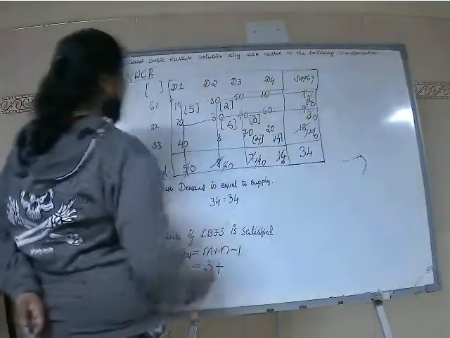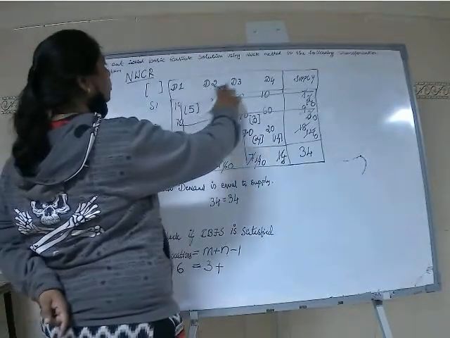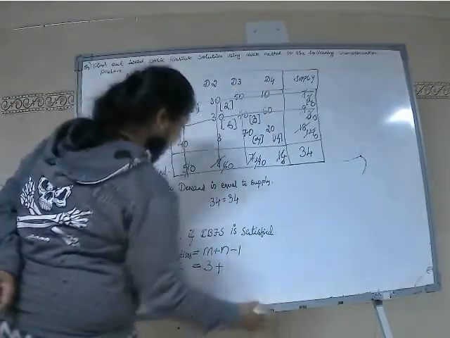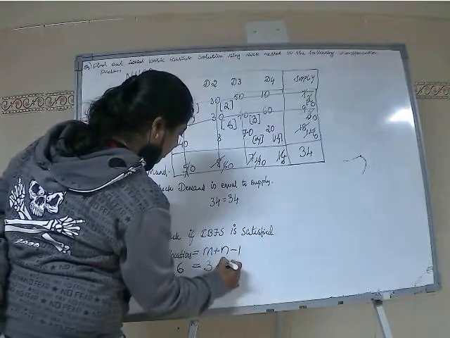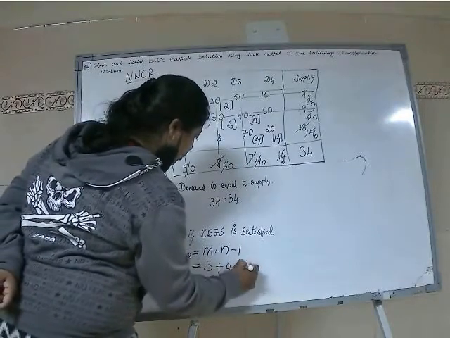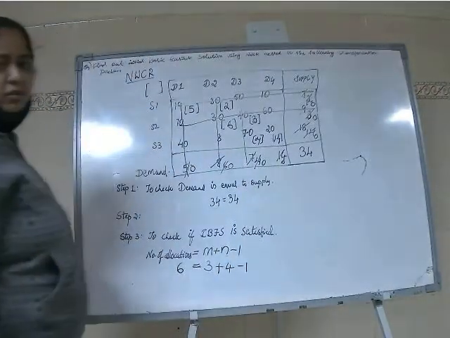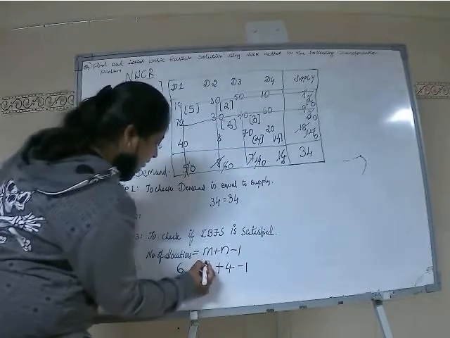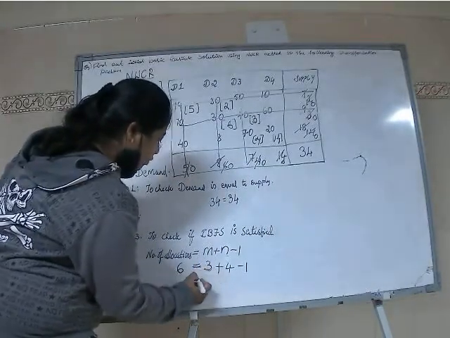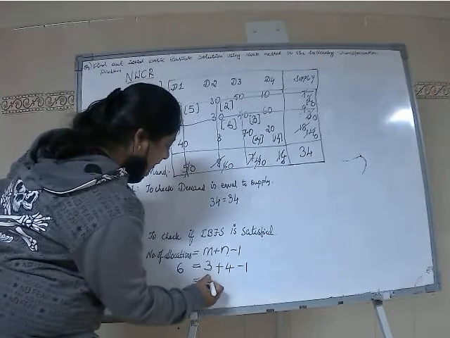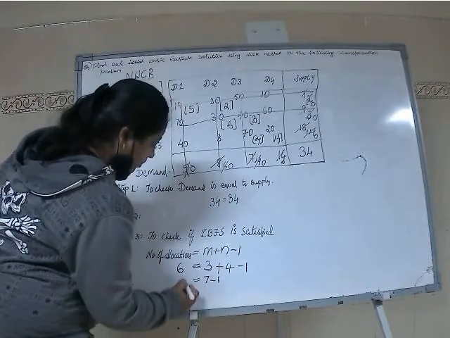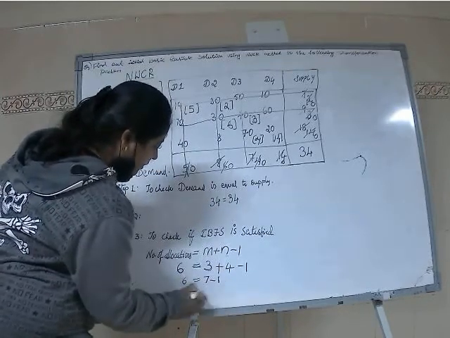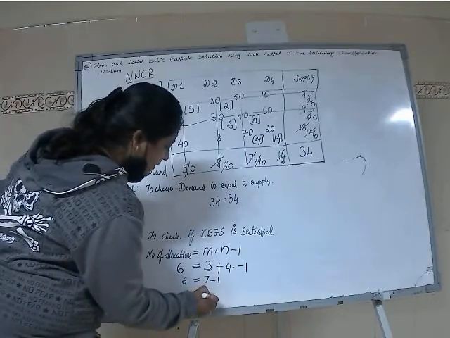Plus, how many columns are there? 1, 2, 3, 4. 4 minus 1. Okay students, so it is 3 plus 4 minus 1, so it becomes 7 minus 1, which is 6.